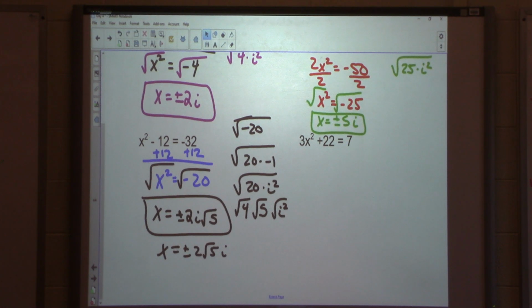Good. What am I going to do before I get x squared? Equals, but I didn't finish it yet. Square root x squared is 5. Yeah, no, that's what I got.